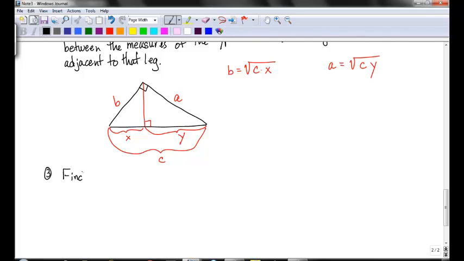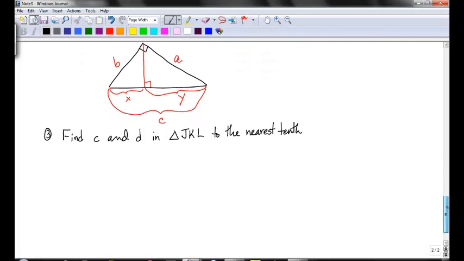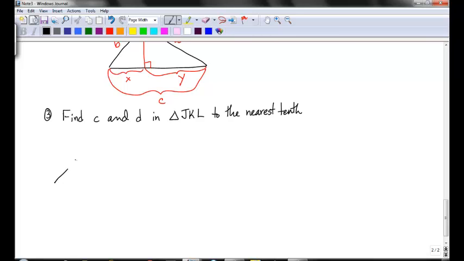Find C and D in triangle JKL to the nearest tenth. Okay. Draw a picture. Make this your right angle. I didn't draw that very good.